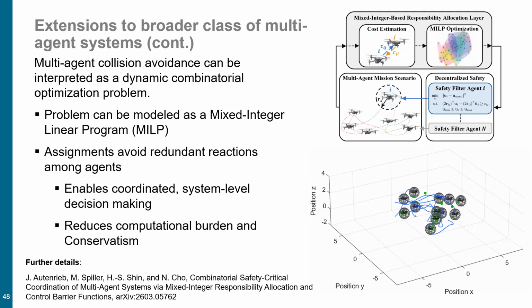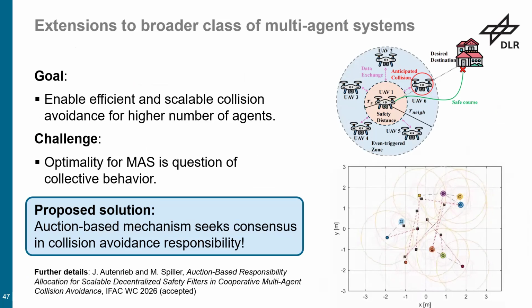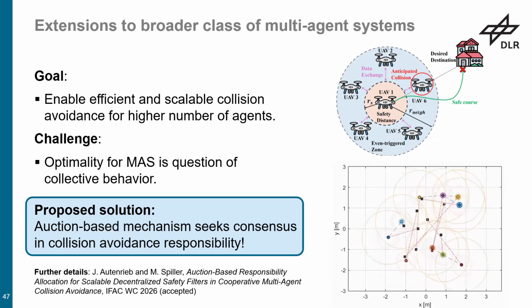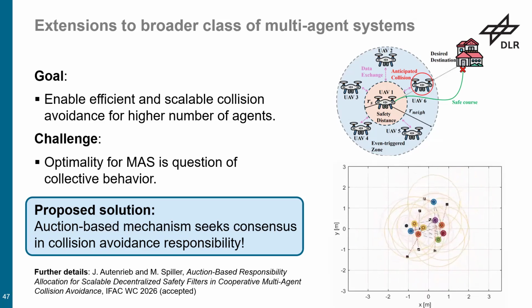If you go for the auction-based approach, the problem is then trying to look at this from a different perspective. Here, you would say, okay, if I don't have the ability to have some central computer instance somewhere, the UAVs need to do everything on their own, right?